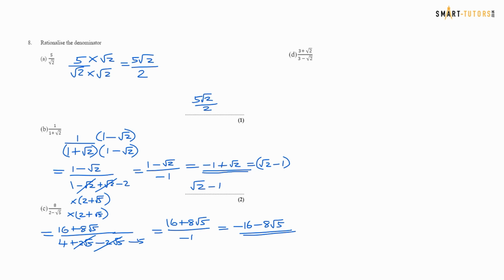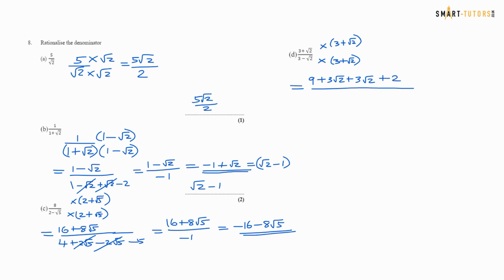Question number D. 3 plus root 2 over 3 minus root 2. The only thing I want you to consider is that you need to find the conjugate, 3 plus root 2. You need to times top and bottom by 3 plus root 2. So when you multiply the top, 3 plus root 2 times 3 plus root 2, 3 times 3, 9 plus 3 root 2 plus 3 root 2, root 2 times root 2 is 2.